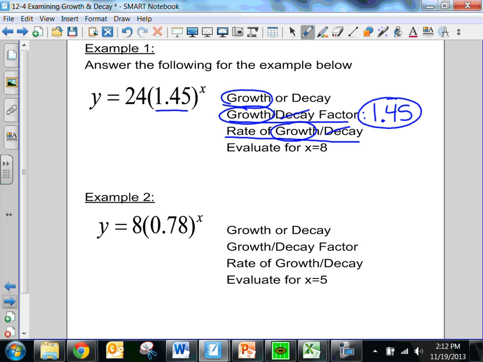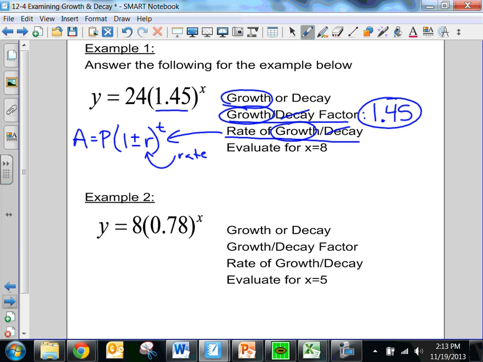But the rate of growth, if you remember the formula that we did in class, it was A equals P times 1 plus or minus r to the t power. And this one right here was the rate.